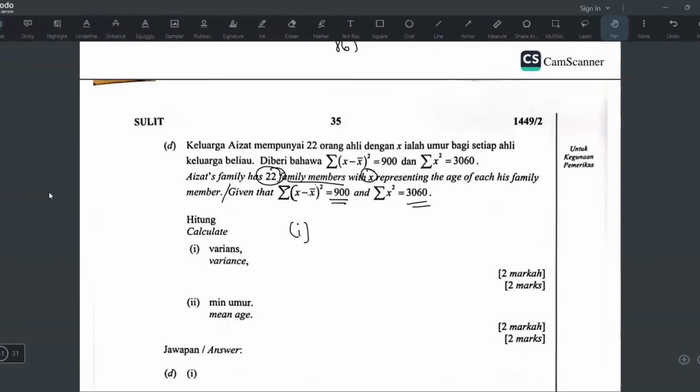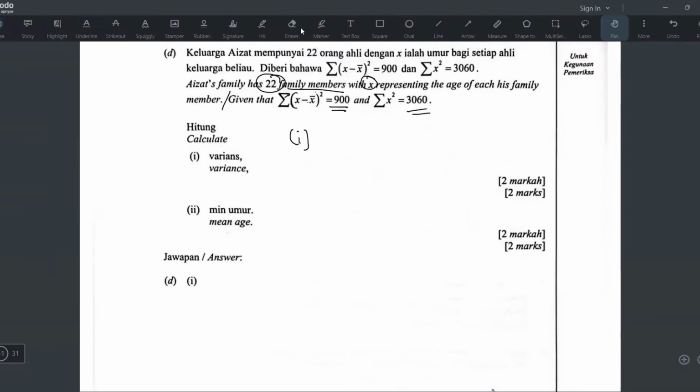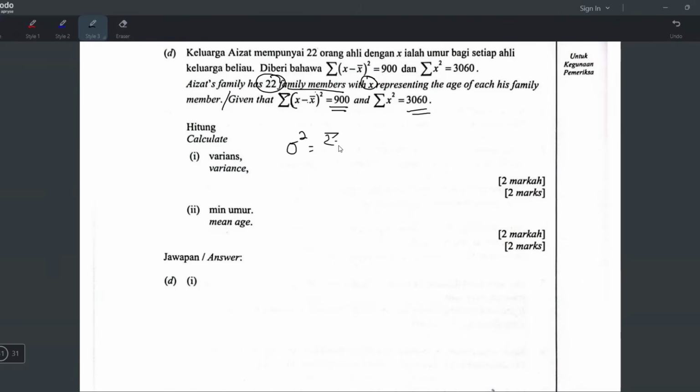So let's talk about the variance formula. First of all, this is the symbol for variance, sigma squared. The formula is you take the sum of x squared divided by n, minus the mean squared. That's how you find variance. Of course, if the data has frequency, then you have to use the sum of fx squared divided by the sum of f, minus the mean squared.